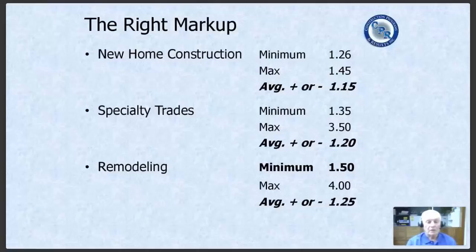We have coaching clients that mark up 2, 2.5, 3, 3.5, up to 4 times their cost and get it all day long. Now, what is the average markup across the nation for remodeling companies? This is from associations like NARI and some of the other people that focus on remodeling. The average around the nation is 1.25, a full 25 points less than they should be.